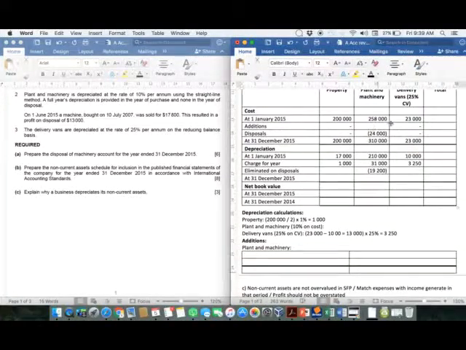So over here I know that my cost at the beginning was 258, so I can say balance brought down was 258,000. I know that my plant and machinery disposals, the cost was 24,000. So I'm going to put my 24,000 on the credit side because I have disposed of that.